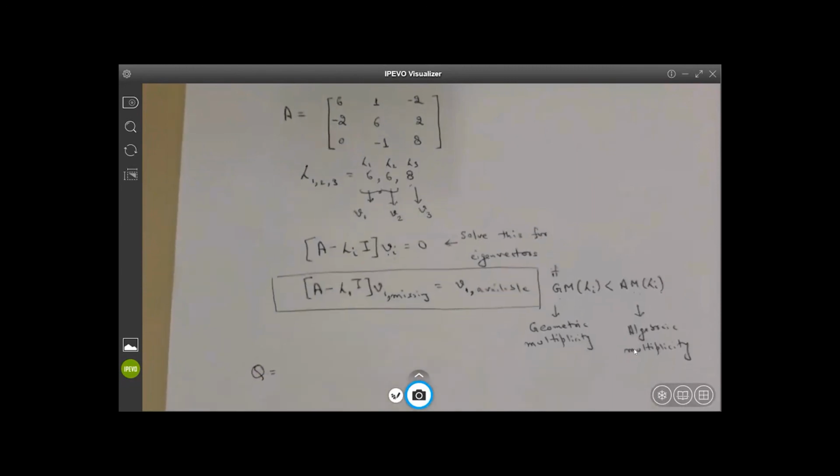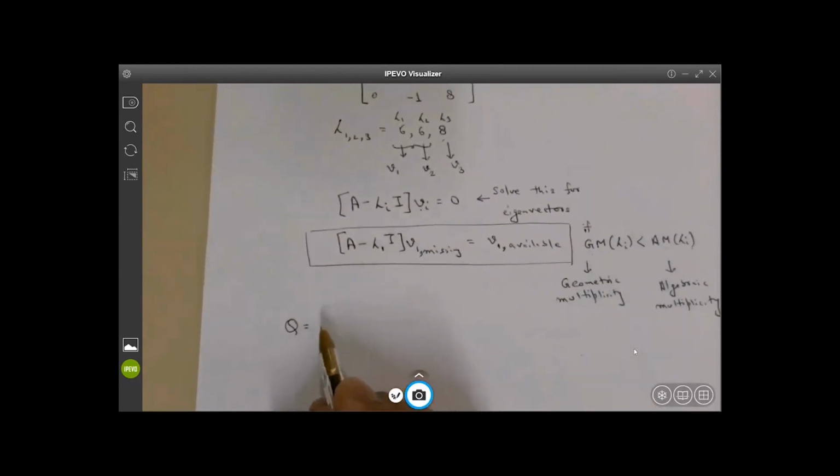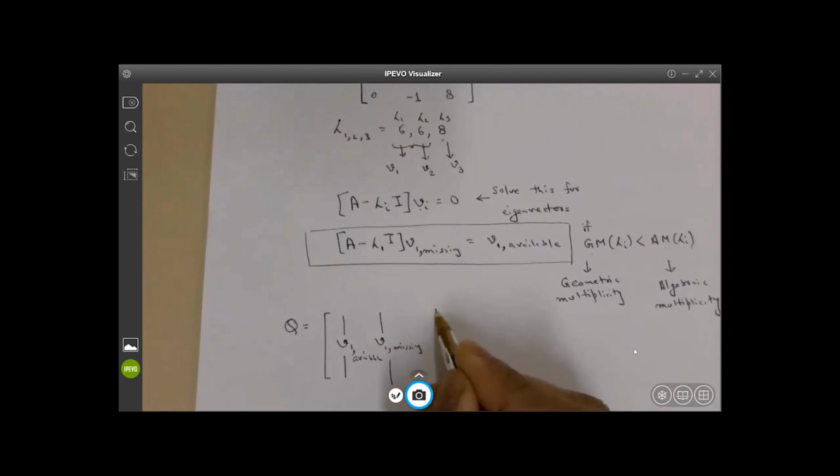So we wrapped up our discussion last time by saying that you can construct a matrix Q consisting of all the eigenvectors that you have got: v1, v1 missing, v1 available, and v3.